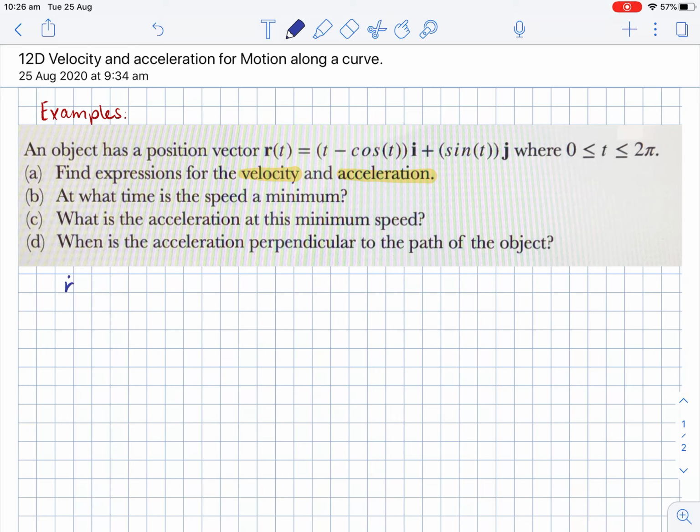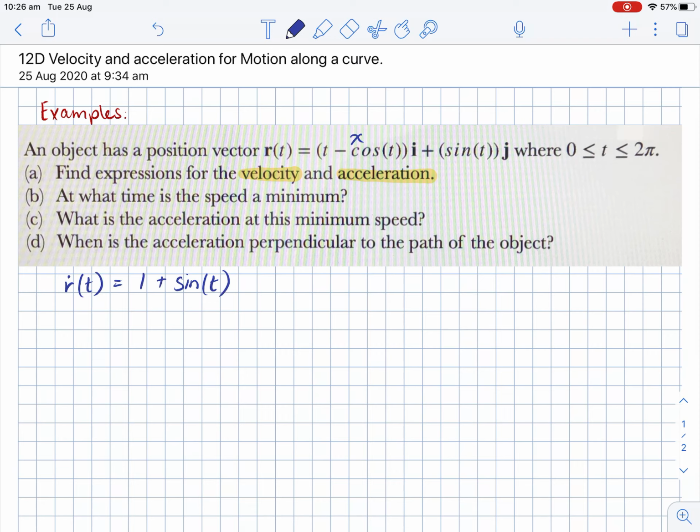So the first thing I know to find the velocity is I need to differentiate the position vector. If I differentiate the x component first, that would give me 1 plus sin t. The derivative of negative cos is positive sine.